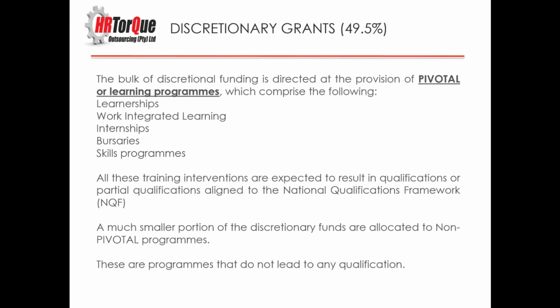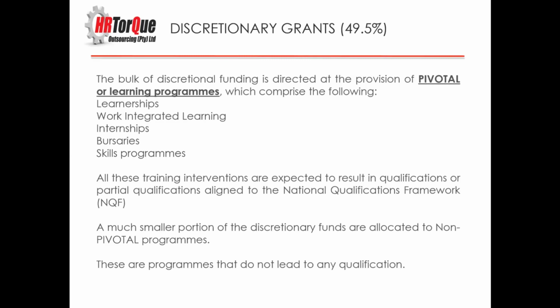There are other elements, so there will be elements in softer skills such as time management, etc. But the majority of their focus over here is to allow people to come away with a qualification. Okay, as I said just now, a much smaller portion of the funds are allocated to non-pivotal programs, but when you're putting together your workplace skills plan, it's quite important, and I know some people don't do anything within the pivotal aspects of their workplace skills plan.